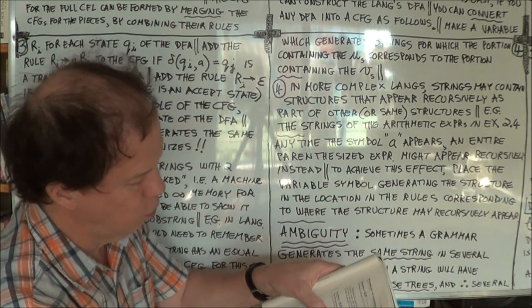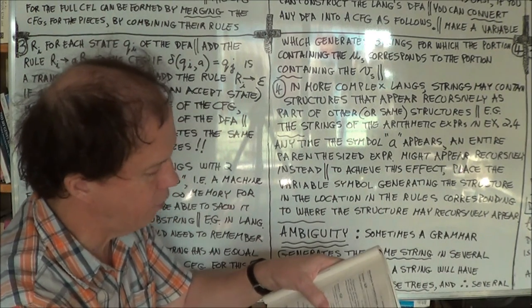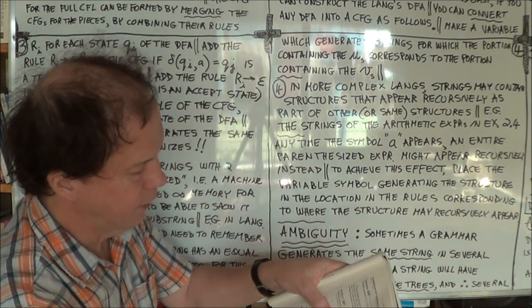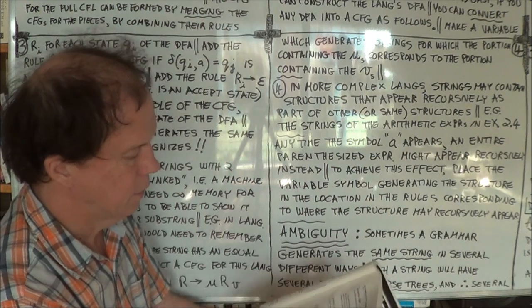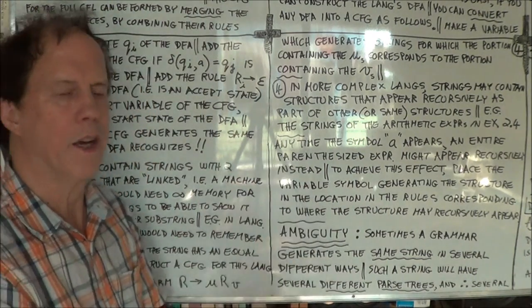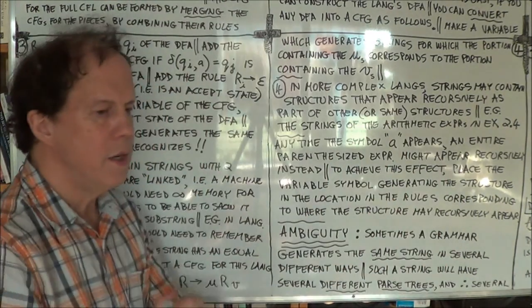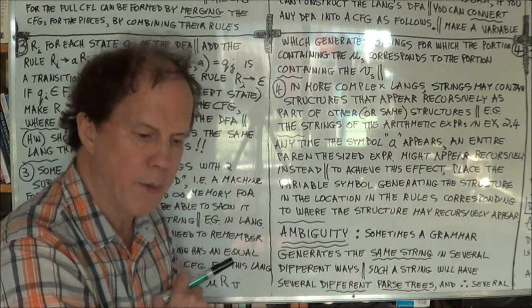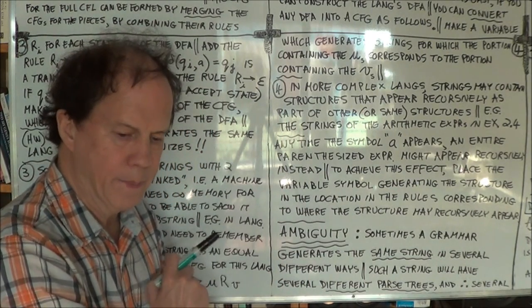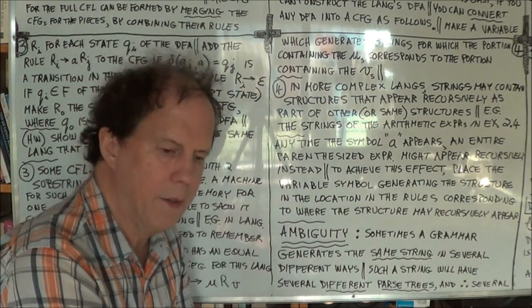So term, the substitution rule, term arrow term times factor. Okay, so when you have that kind of recursive phenomenon in your grammar, how do you know?